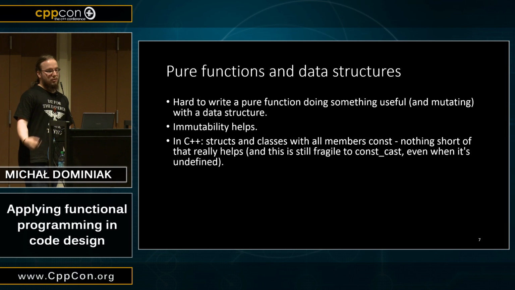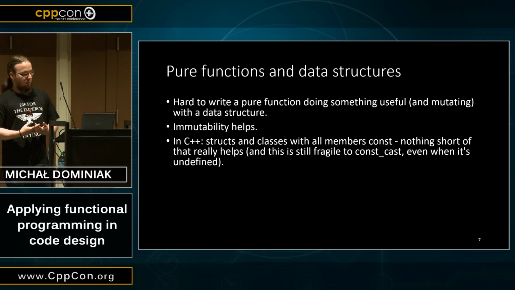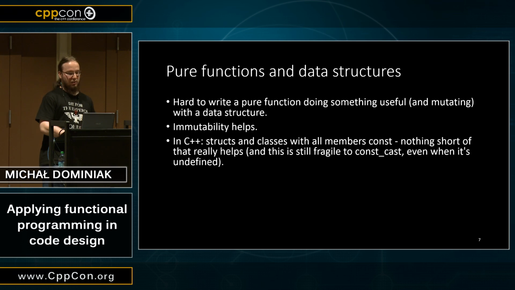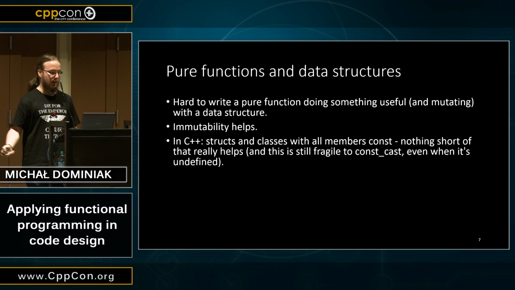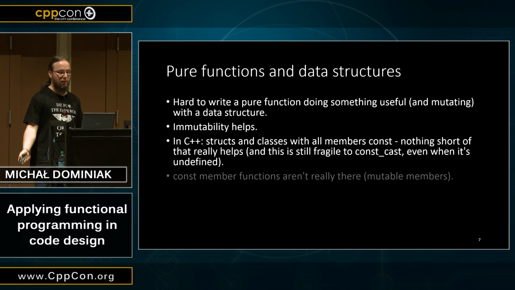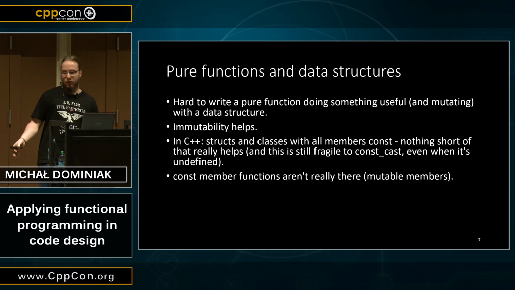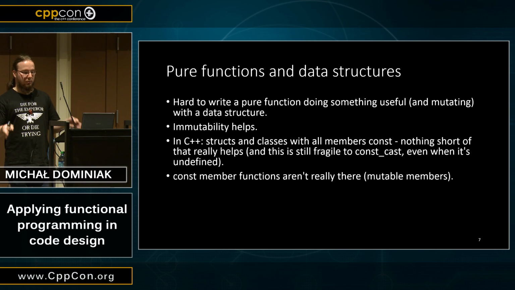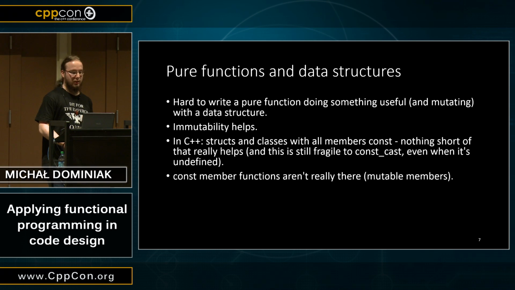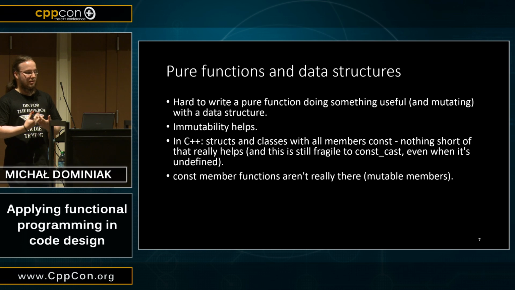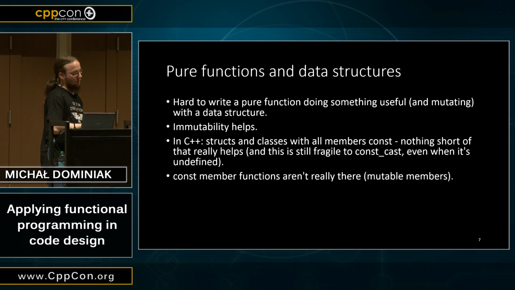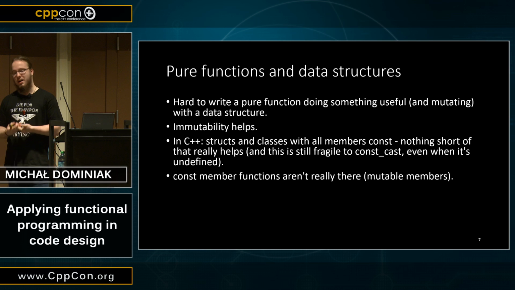And this way we have a type which cannot be changed in any way, as long as the code we are calling is safe or tested. And const member functions cannot really be guaranteed to be pure, even if we are considering only purity in the scope of an object. So just seeing that a member function is const doesn't tell us much about it.